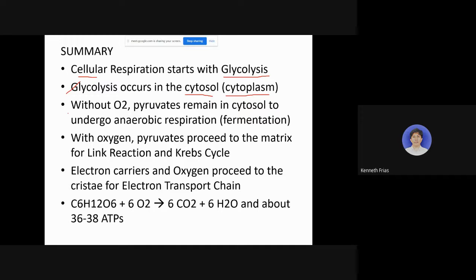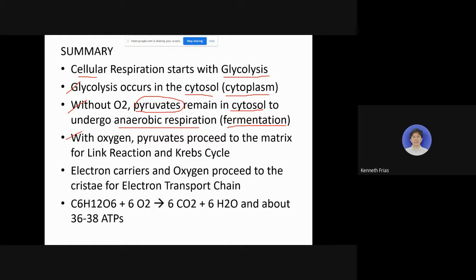In the absence of oxygen, the pyruvates produced in glycolysis remain in the cytosol and undergo anaerobic respiration, also known as fermentation. That's the reason why in making bread there is fermentation involved, because ethanol and carbon dioxide are produced. In humans, we have lactic acid formation.